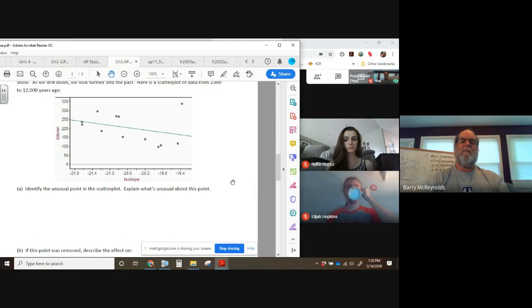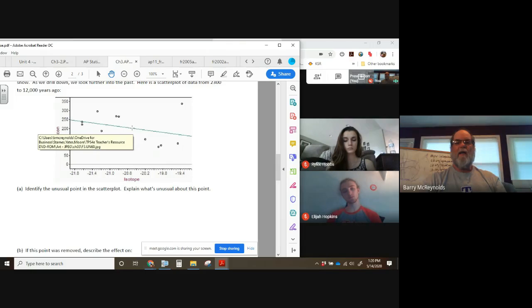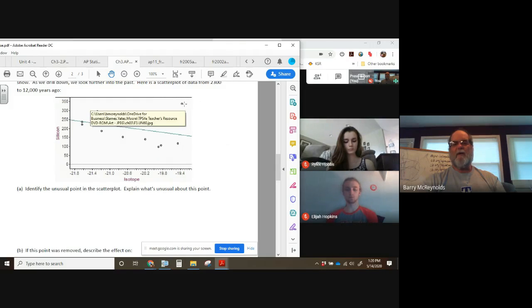And so in statistics, we identify really two types of values that affect or impact regression lines. An outlier is a point whose x value is far from the rest of the other points. Okay, so if there were a point way over here, we would call that an outlier. Well, this value is really not an outlier.